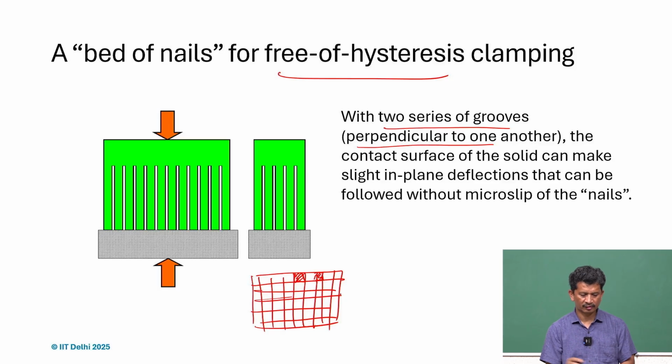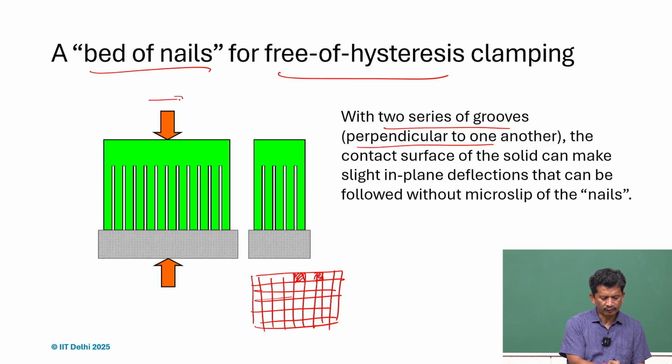So that's why we are calling them nails. It appears as a bed of nails, and then we are clamping it. What is good about it is it can move in this way and this way. If we just look at it, it can have this slight movement and it will be elastic.